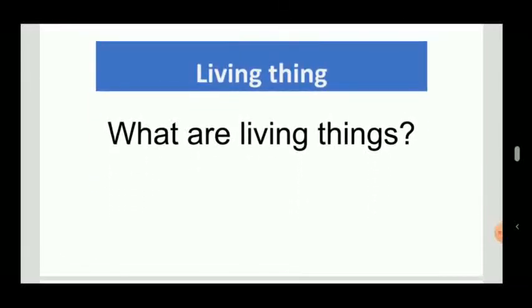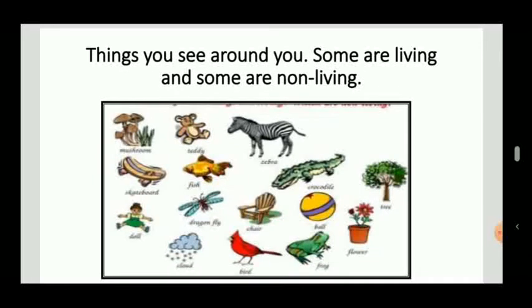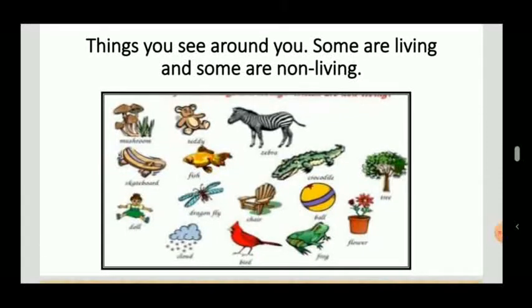So first we learn about living things. What are living things? Things you see around you, some are living and some are non-living. Here you can see zebra, crocodile, frog, teddy bear, fish, skateboard.